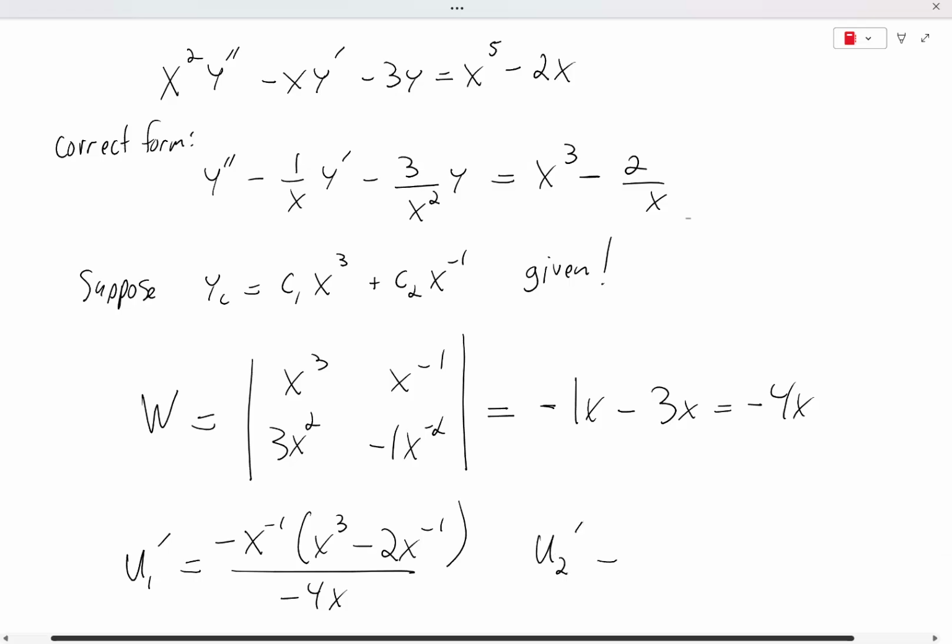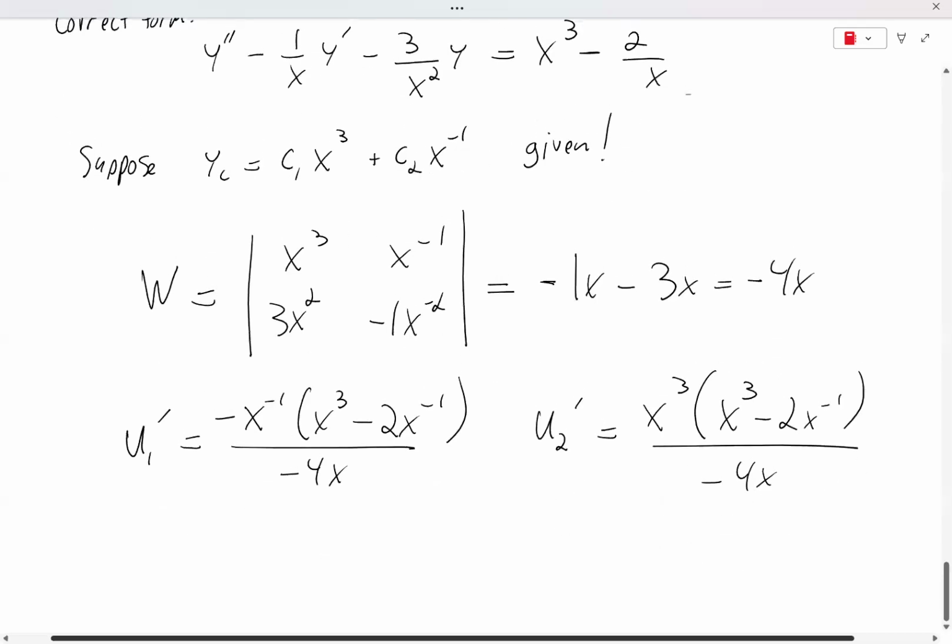And u sub 2 prime is equal to the y sub 1, which is x cubed, times then x cubed minus 2x to negative first over negative 4x. So then y sub 1 prime is equal to negative, and then distribute through here, so it'd be negative x squared, just using exponent properties, plus 2x to the negative second over negative 4x.